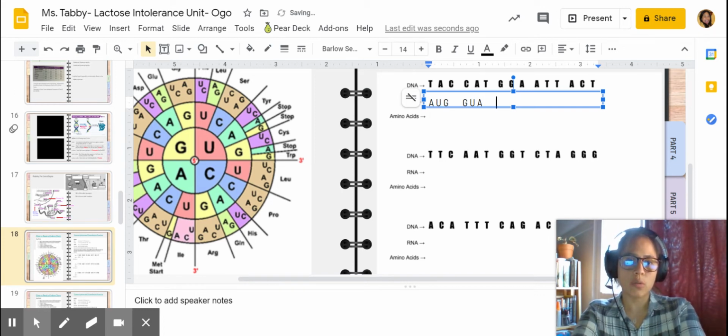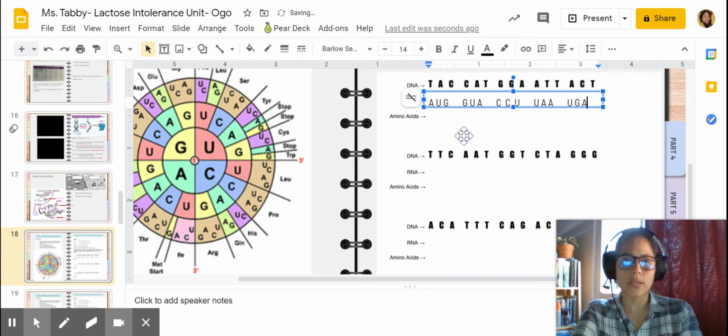G with C, G with C, and A with U. Then we have A with U, T with A. And the last codon would be A with U, C with G, and T with A.